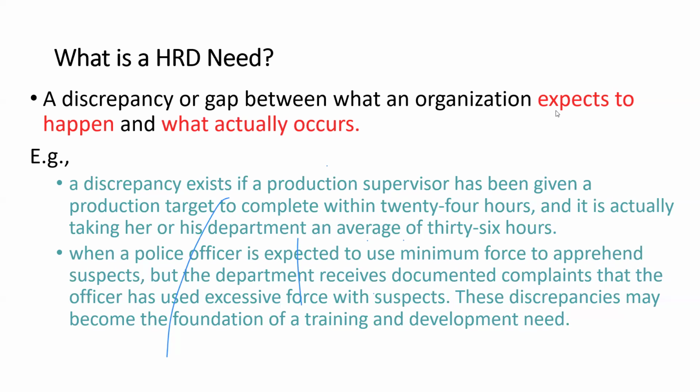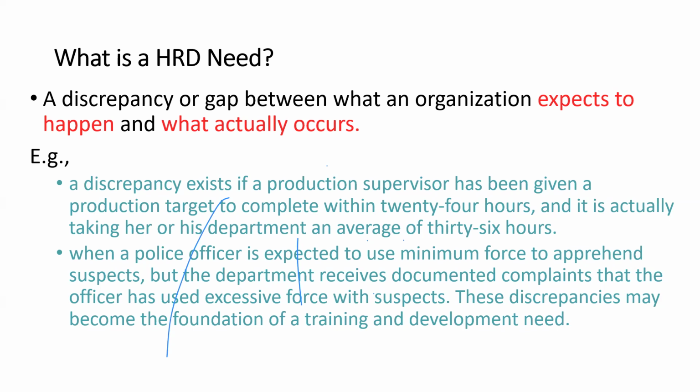The difference between these two is the need. Right? We are expecting the employees' knowledge, skills, and attitudes at this level, 80%. But the employee is currently having 50%. Right? So then there is a 30 difference. So that 30 difference needs to be filled by organizing an HRD intervention.